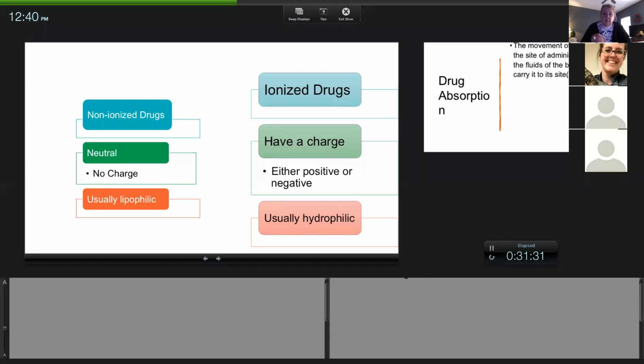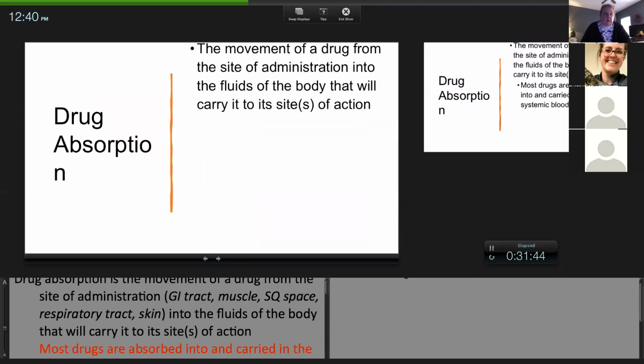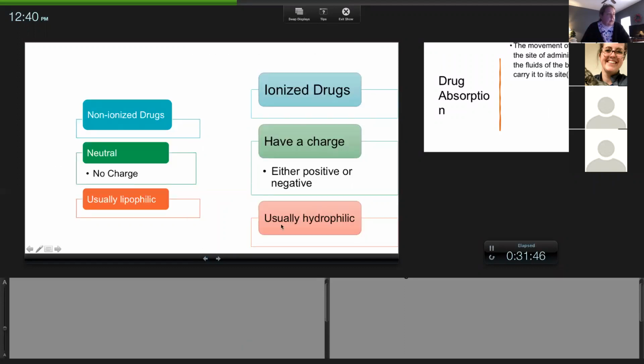Usually if they're hydrophilic, they're going to need some type of active transport or facilitated diffusion because they're not fat-loving. Think hydro, help me. If it's hydrophilic and it's trying to enter a lipophilic membrane, those aren't like substances. It needs that help.